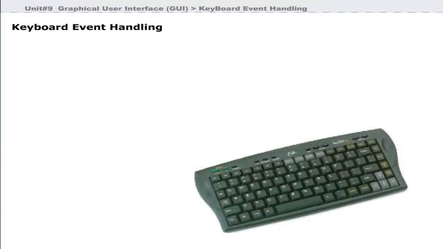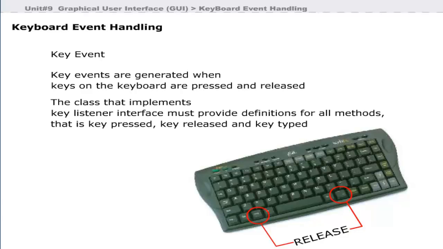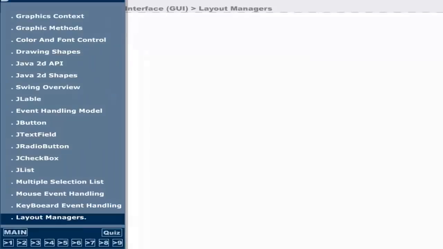Java provides the KeyListener event listener interface for handling key events. Key events are generated when keys on the keyboard are pressed and released. The class that implements KeyListener must provide definitions for methods: keyPressed, keyReleased, and keyTyped.